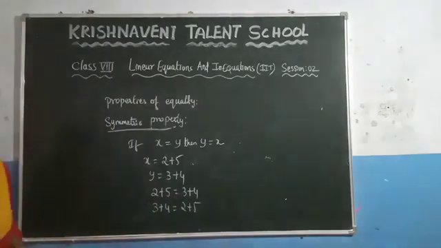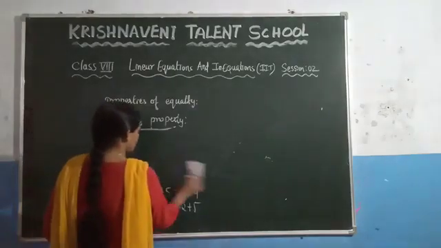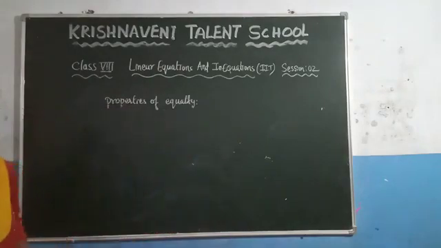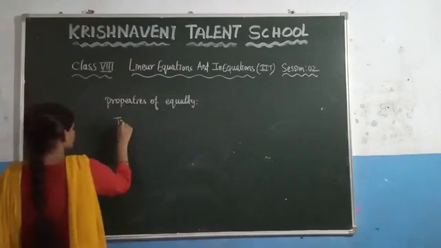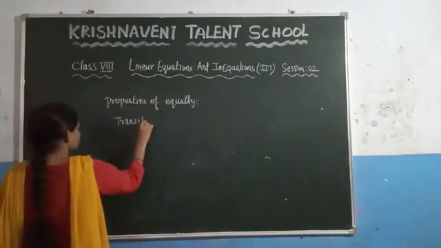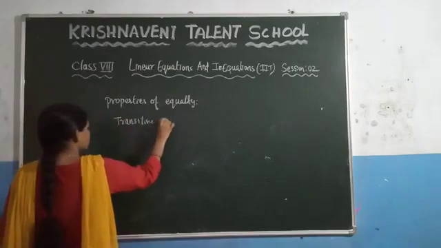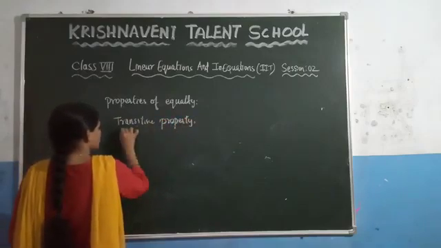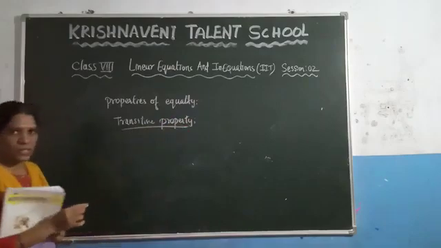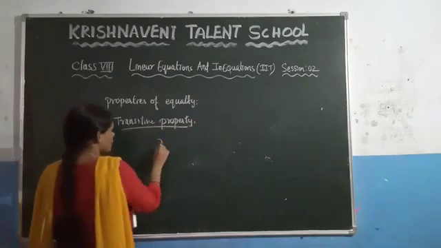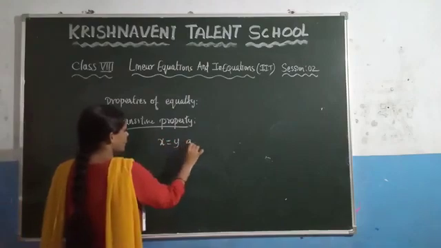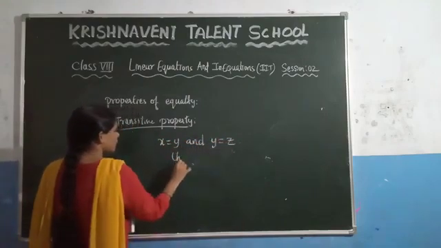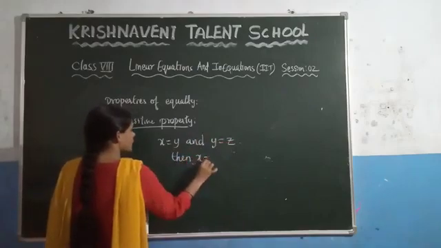Now see the next property, which is the transitive property. What the transitive property says is that if x is equal to y and y is equal to z, then we can state x is equal to z.